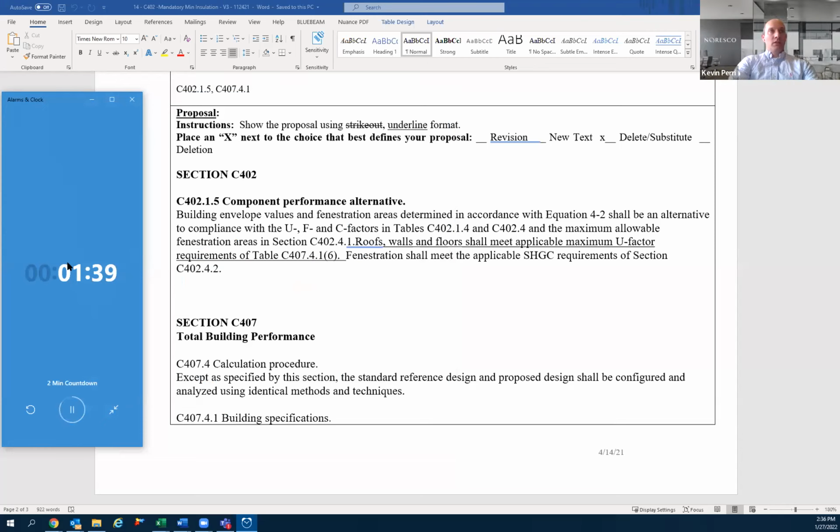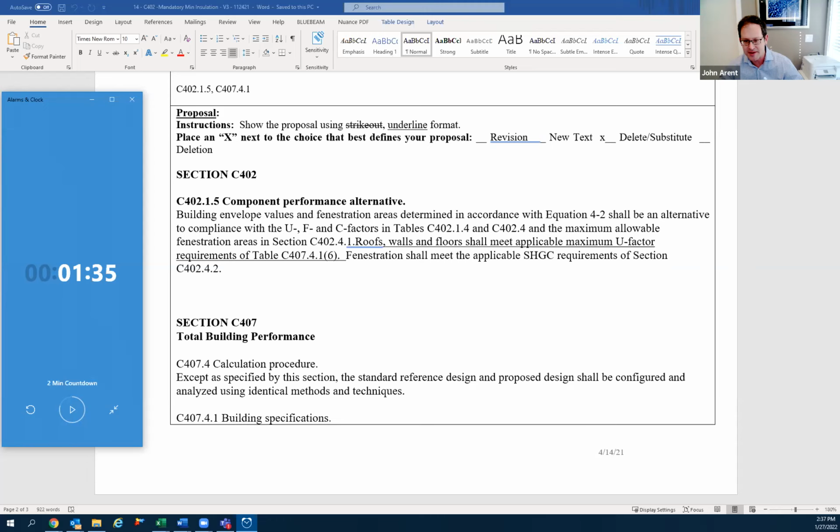Sure, John, you can answer that if you want right away. Yeah, thanks, Taylor. That's a good comment, and I should say catch, because this was meant to be opaque envelope. So we're not really proposing any mandatory limit on fenestration area. The primary focus of this one is the opaque envelope, so the roofs, walls, and floors, the U factor for those assemblies.